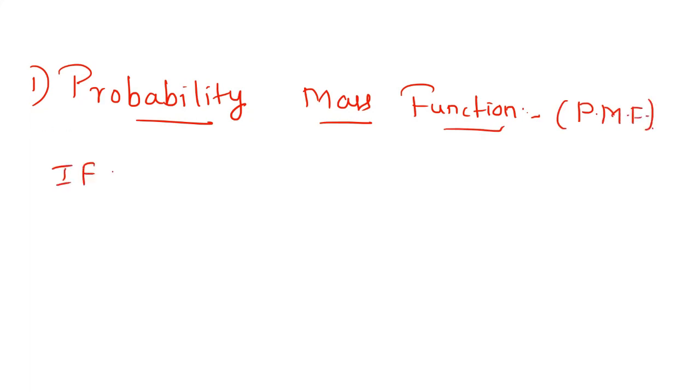If x is a discrete random variable, this is very important. Your x has to be a discrete random variable. If x corresponds to a continuous random variable, PMF is not applicable for that.